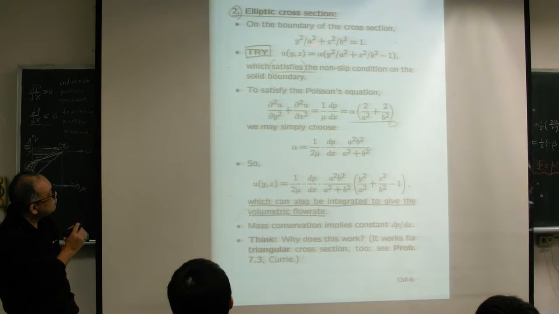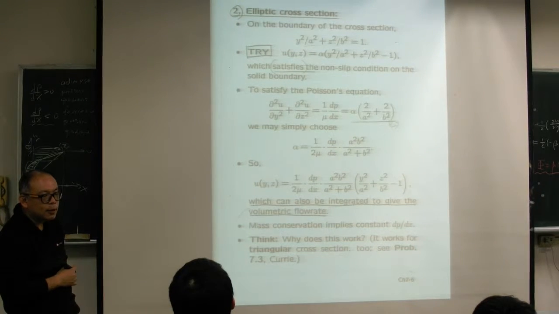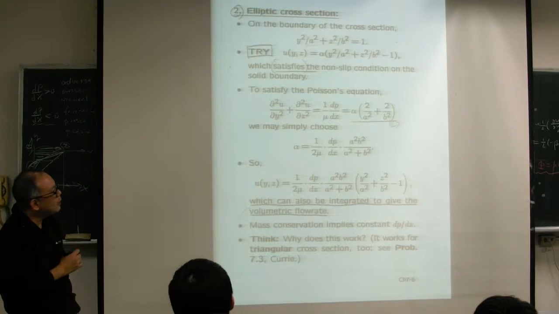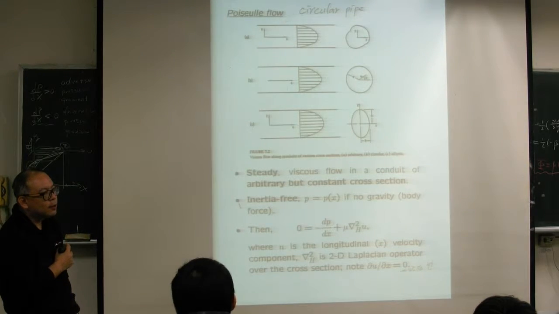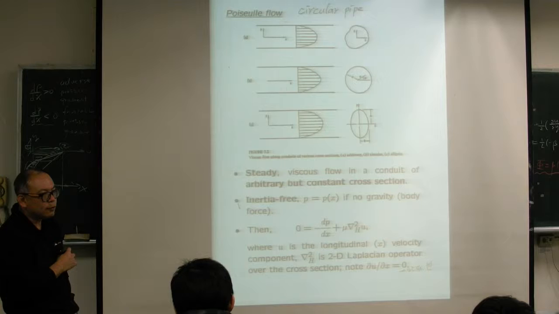Okay, so we have this boundary condition. It has a cross-section boundary for the elliptic. We try to find the velocity flow field for the flow within this elliptic cross section. How do you find it?